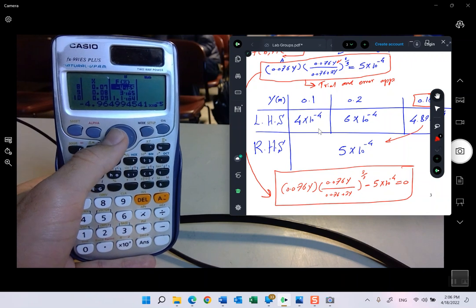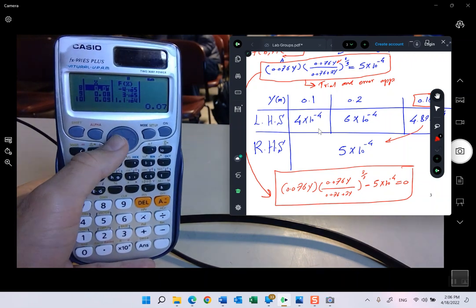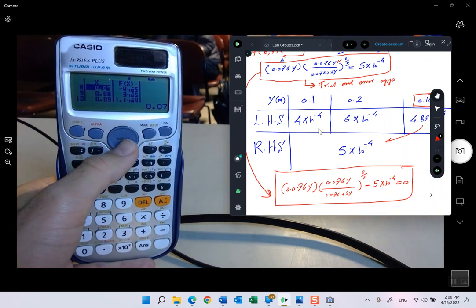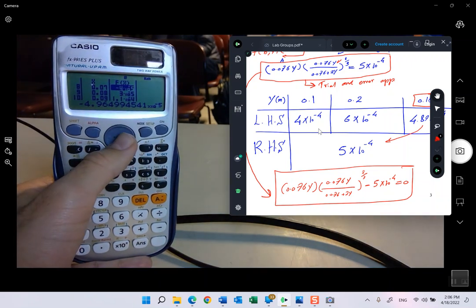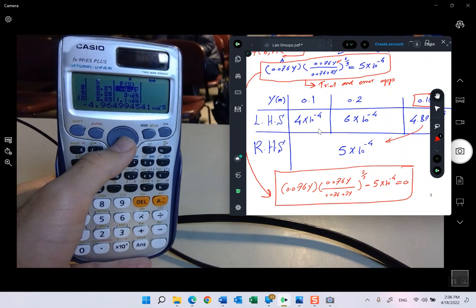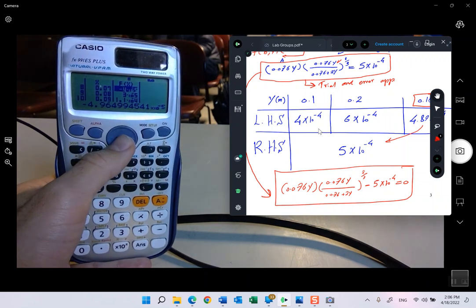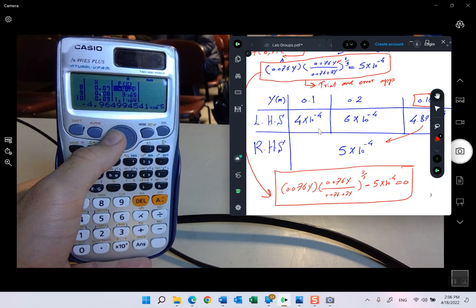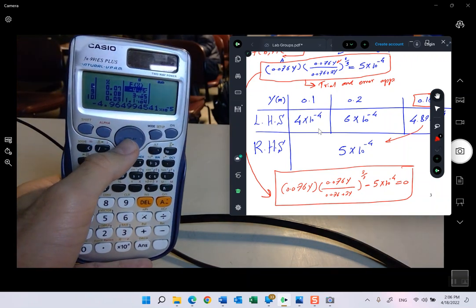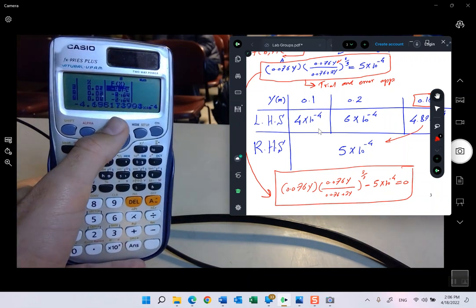So as you can see here, the value of x, which corresponds to the value of y, and the corresponding value of f of x, which is actually the value of the right hand side. So the correct value should be at the position where the f of x equals 0. But actually I can't see zeros here.